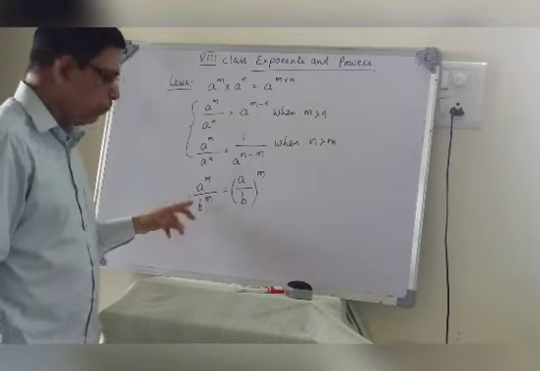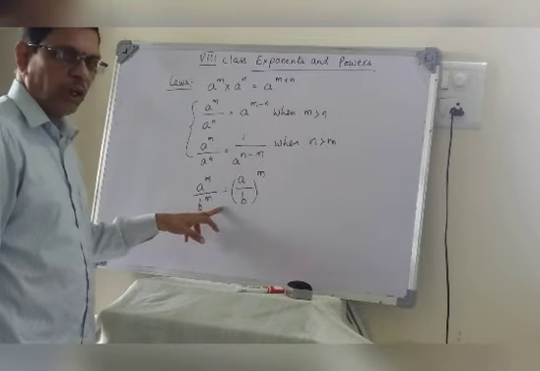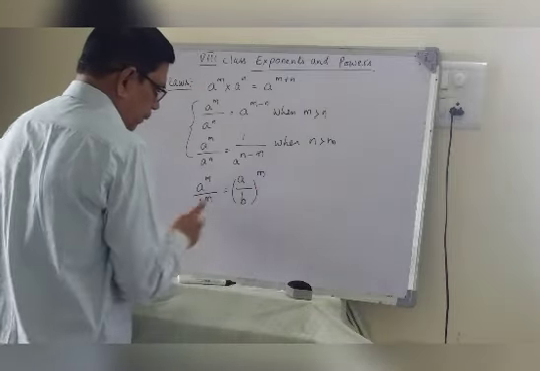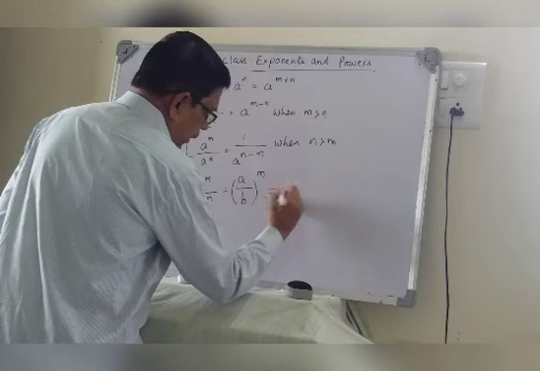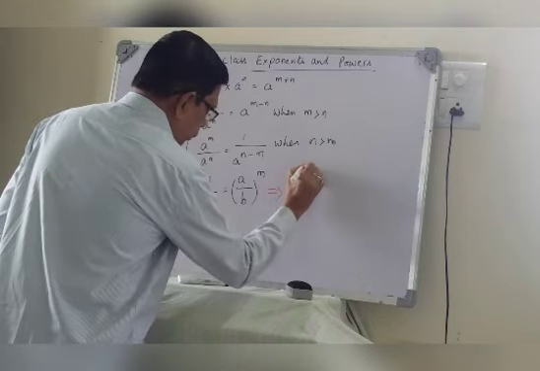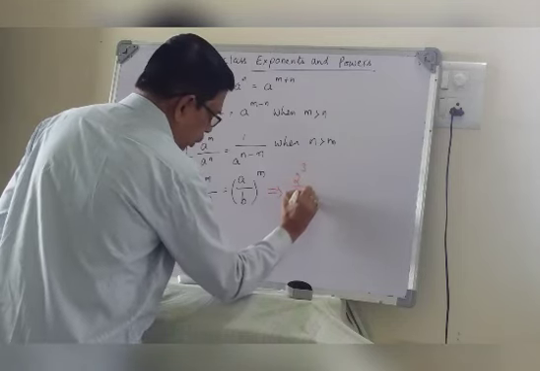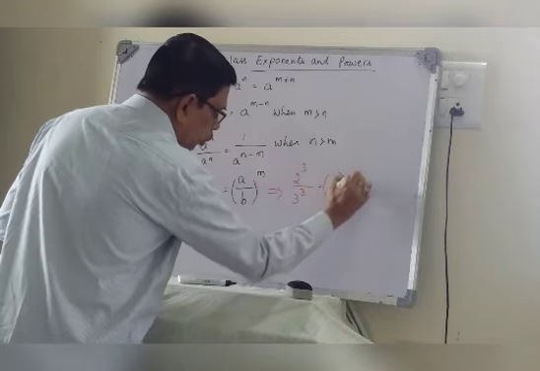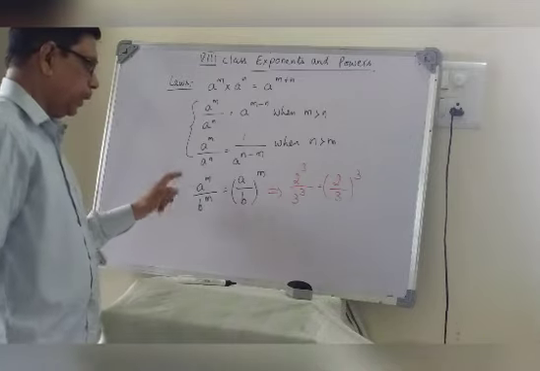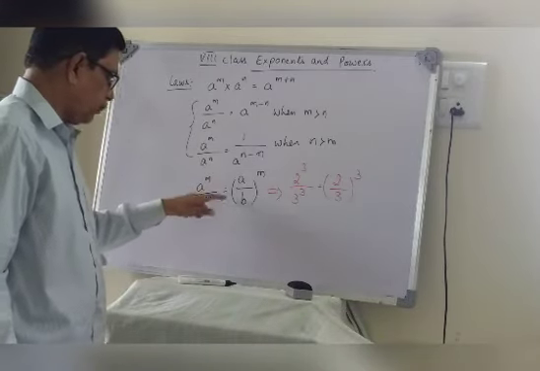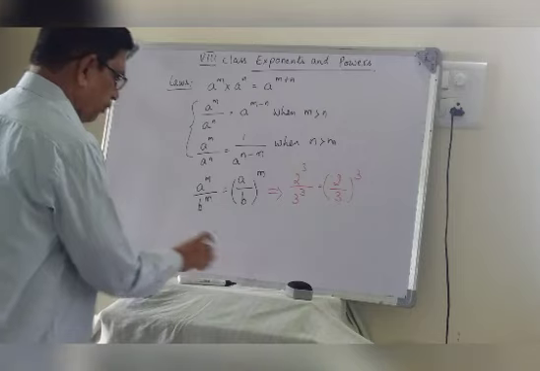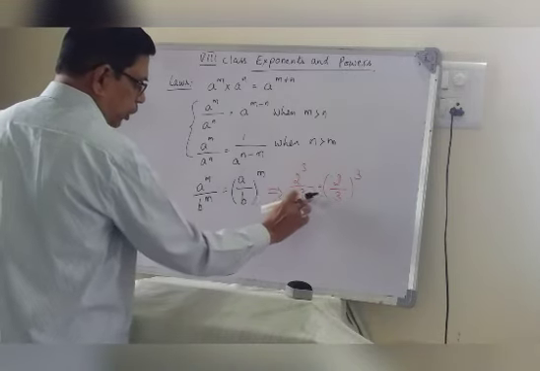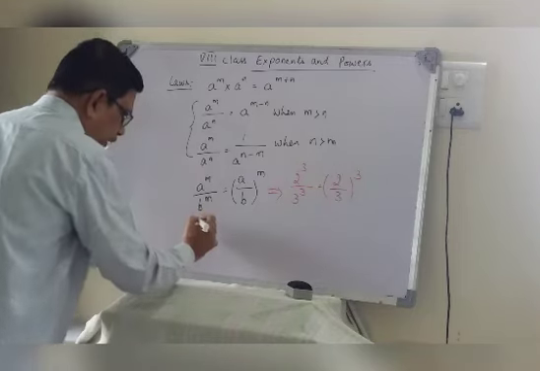For example, 2 to the power of 3 by 3 to the power of 3 we can write as 2 by 3 whole to the power of 3. a to the power of m by b to the power of m is equal to a by b whole to the power of m. For this we can take the example 2 to the power of 3 by 3 to the power of 3 is equal to 2 by 3 whole to the power of 3.